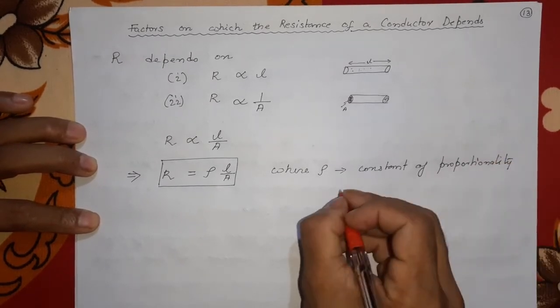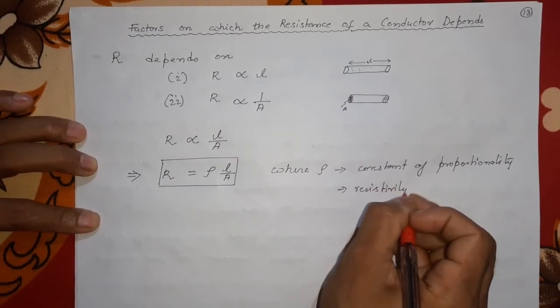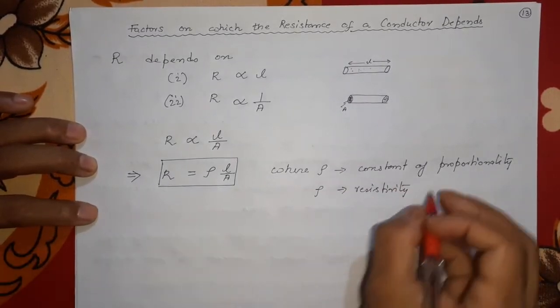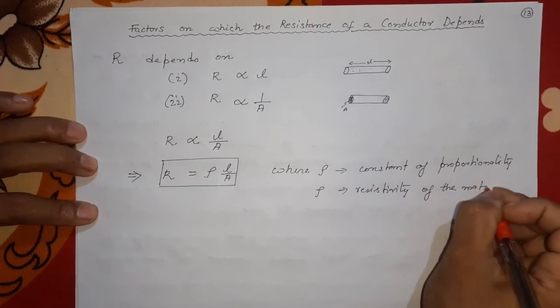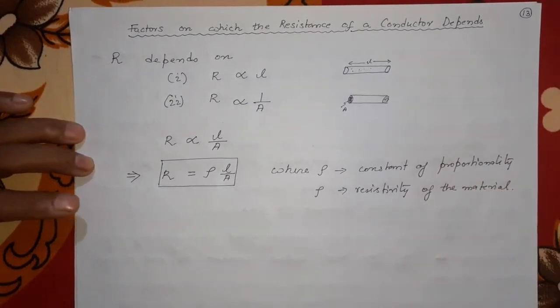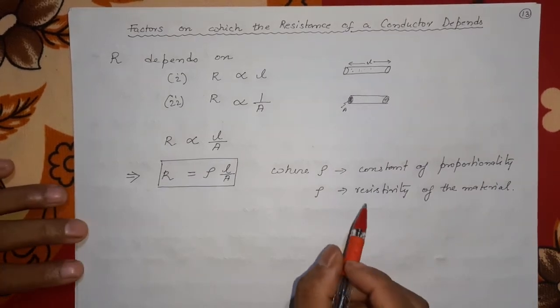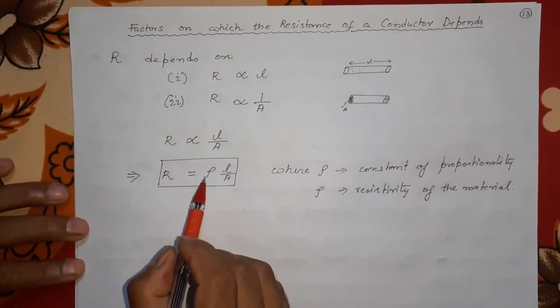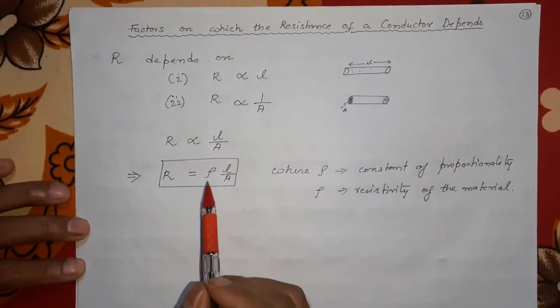What is this? Resistivity. Remember, this is not resistance. Resistivity of the material, whatever it is, conductor or insulator, that is resistivity. It means what material it is. It will depend on the length, on the area, but also on the material.